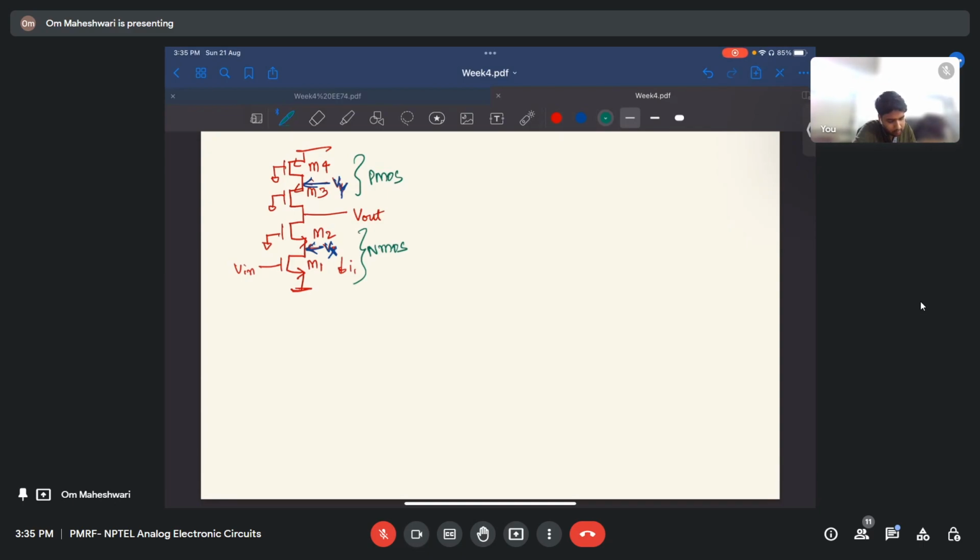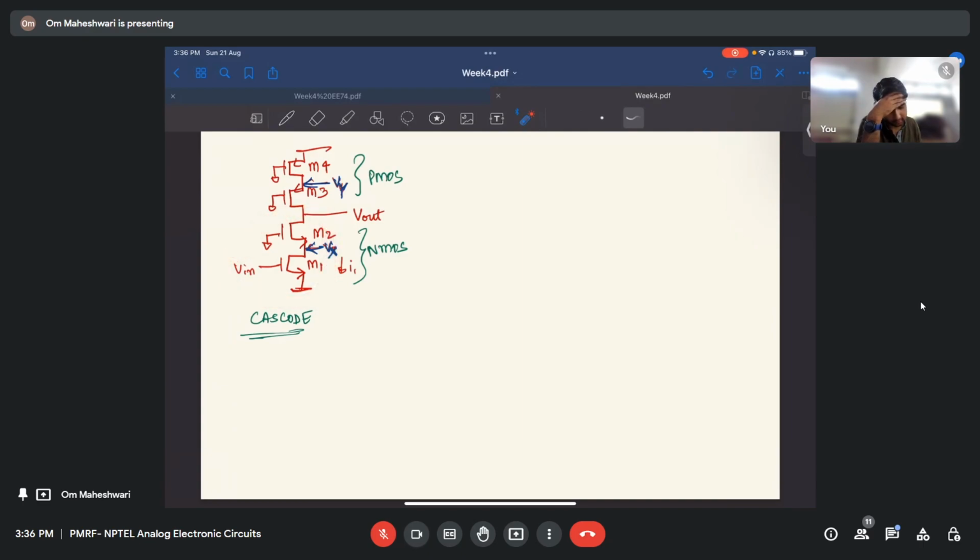This circuit is also cascode. Sorry, not cascade, it is cascode. What cascoding means is we have added 2 transistors in series.